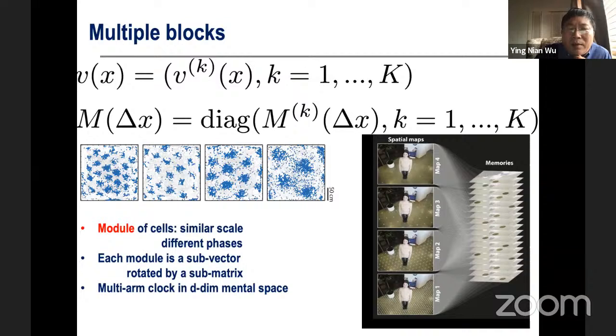So each block as a subvector is like one arm of the clock rotated by the corresponding M matrix in the mental space. And that enables the calculation of the path integral to be done more easily, so that this matrix M may be of lower dimension.